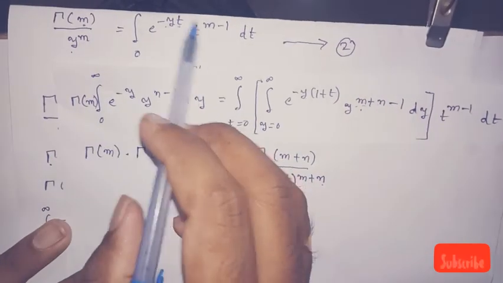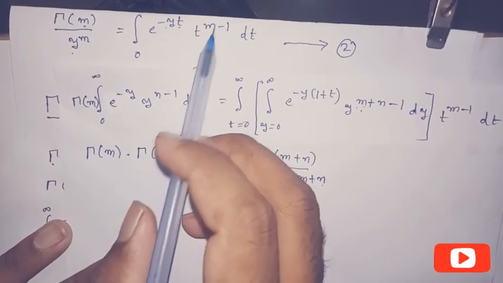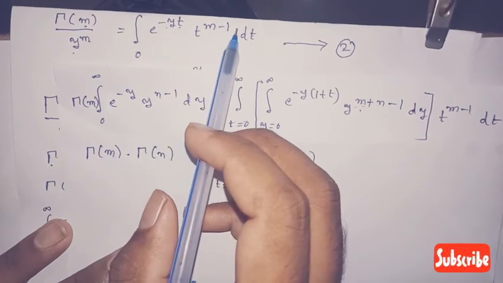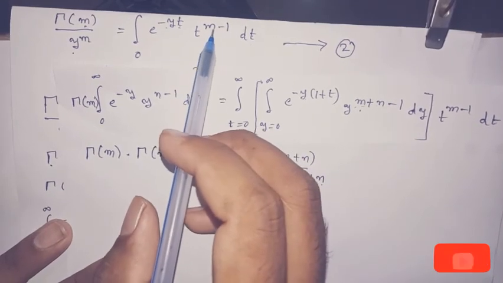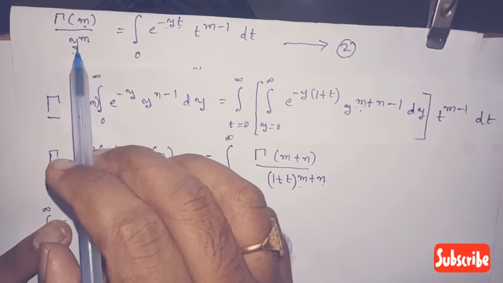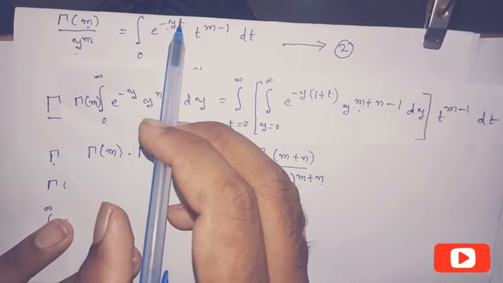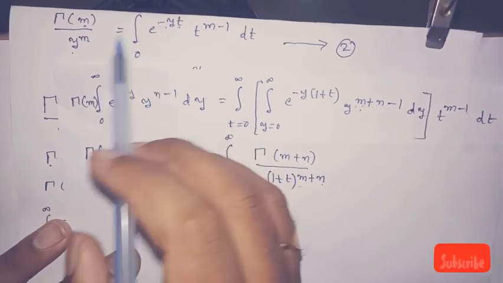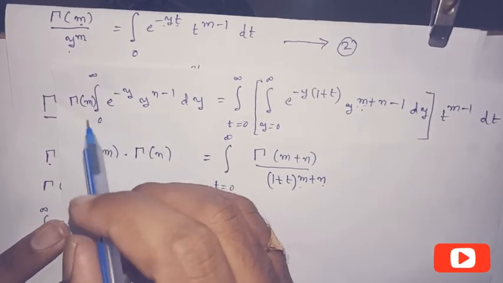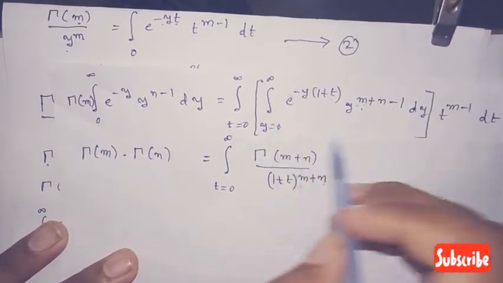Therefore this can be written as gamma of m by y power of m, since m minus 1 plus 1 is m, and y is the coefficient of minus t. Use this formula to evaluate this integration.